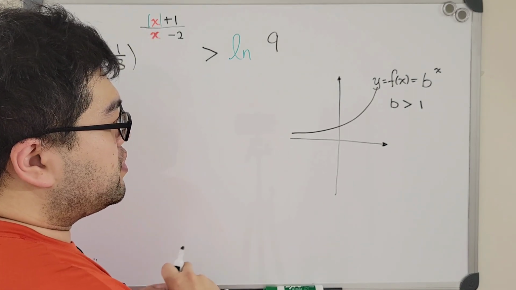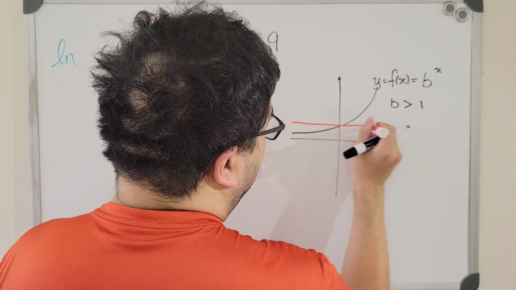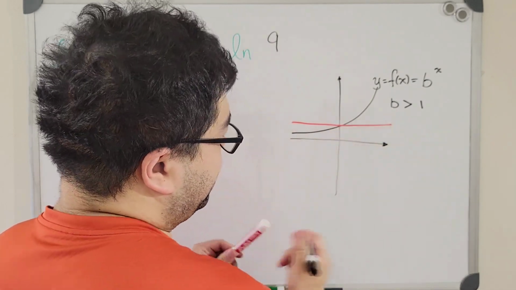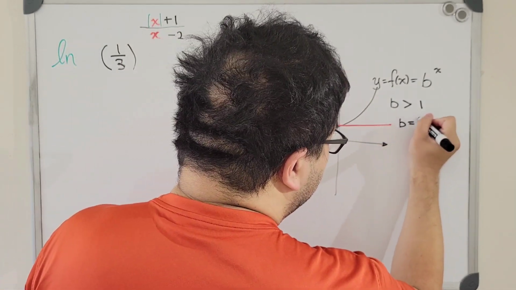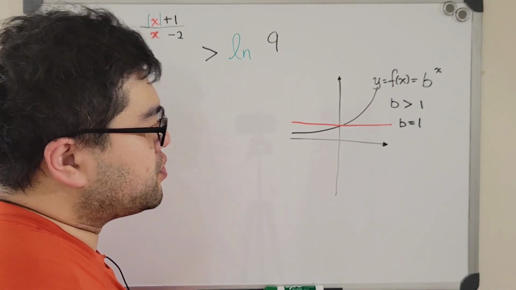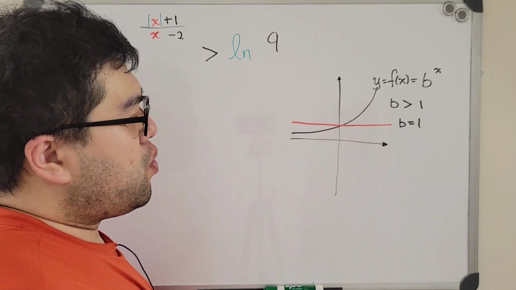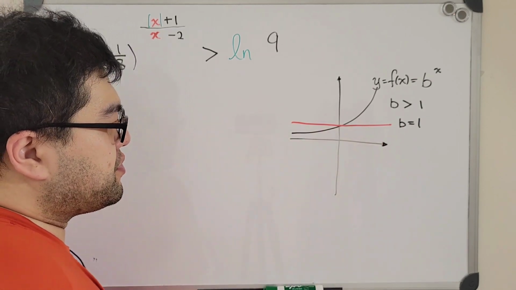Then, of course, if b is equal to 1, we'll get the function that looks like a straight line, since 1 to the x power is equal to 1. So we actually get the linear function y equals 1, or just a constant function.